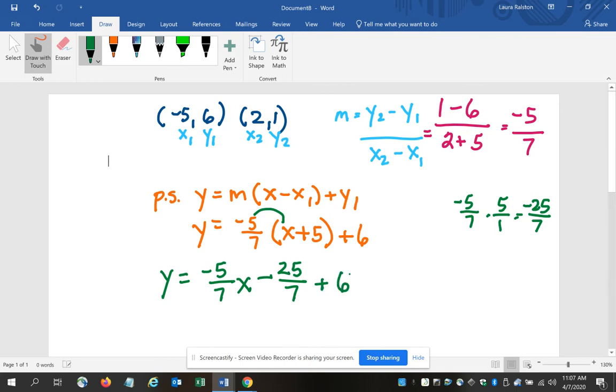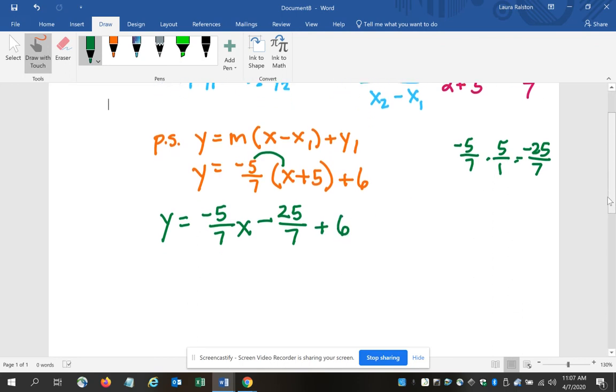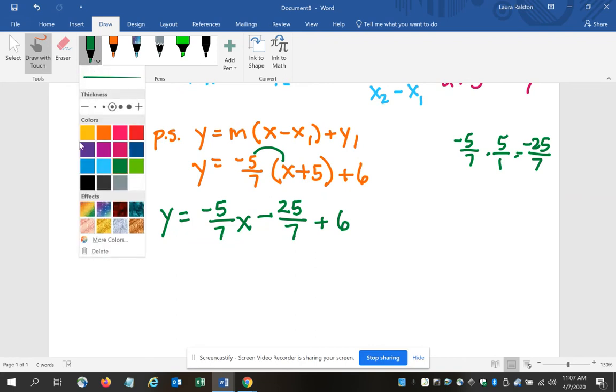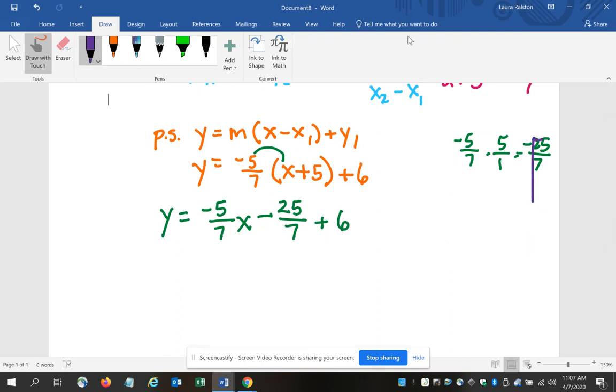Plus the 6. And so then I need to combine the like terms. So I would have 6 pizzas with 7 slices each. So let's see what I got. Okay, 6 pizzas, 7 slices each, I would have 42 slices.